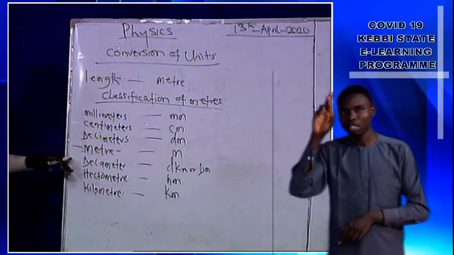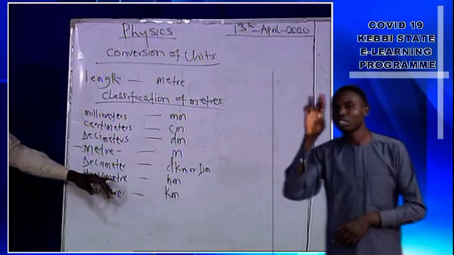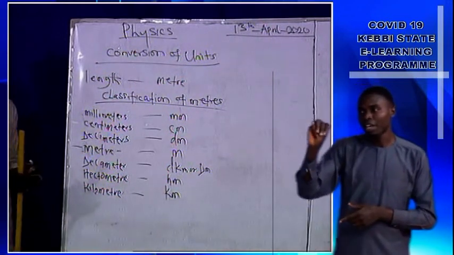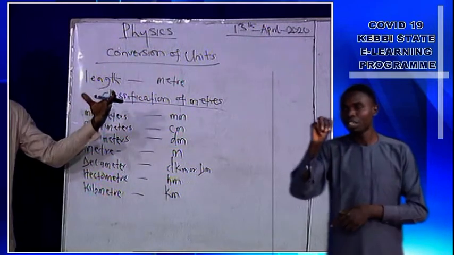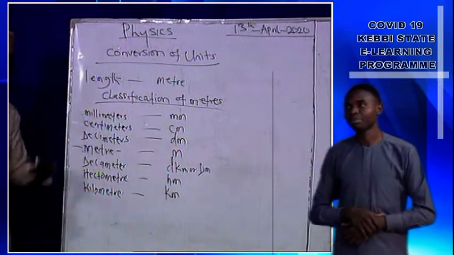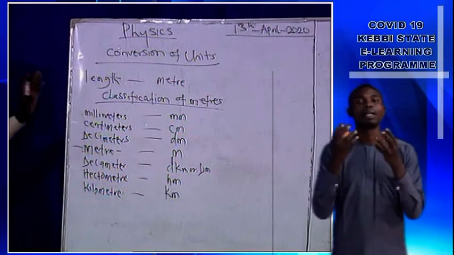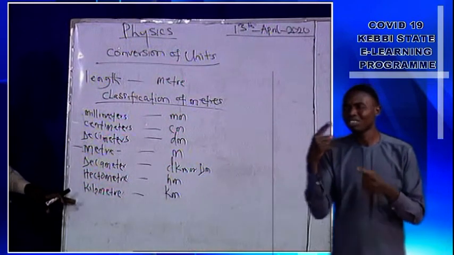After meter, we have decameter, hectometer, and kilometer. These are not the only classifications of meters, as we have very big ones like petameter, exameter, zettameter, and others. At this level, we are only using from millimeters to kilometer.